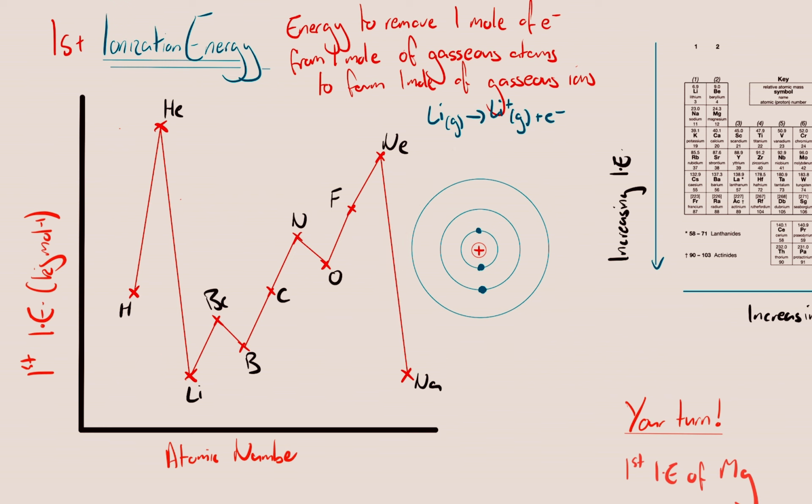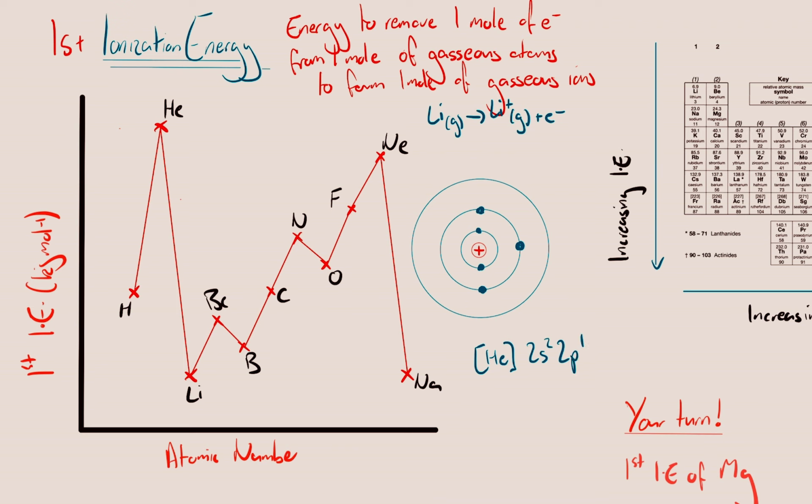As we go along, we've got beryllium and then boron. Boron, again, requires less energy. And if we draw the electron structure of boron, we've got helium, and then 2s2, and then we're down to 2p1.